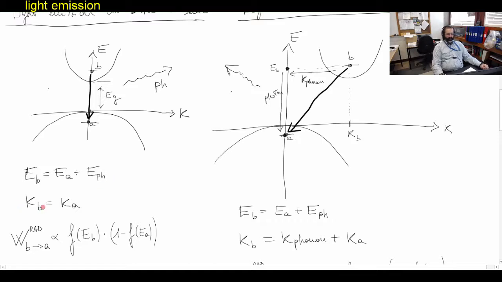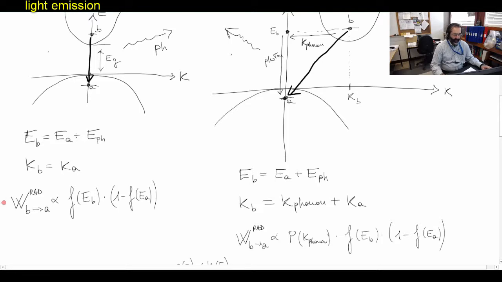And considering that the momentum of the photon, as we discussed yesterday, is negligible compared to the momentum of electrons, conservation of momentum means that KB must be equal to KA, and so we have this vertical transition, as we learned in yesterday's lecture.